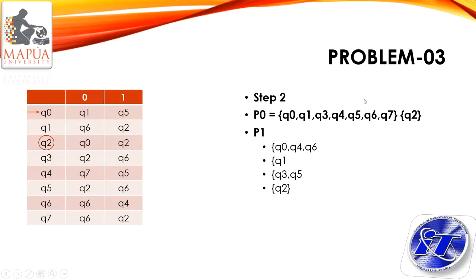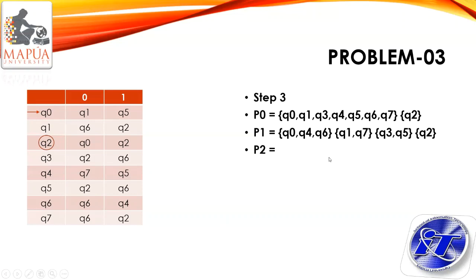Q6, same group, and Q2, the final state. It is the same as Q1 and Q7, not Q3, Q5, sorry. So this will be the grouping with equivalence 1.